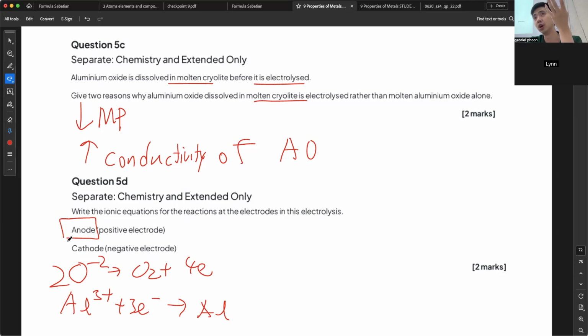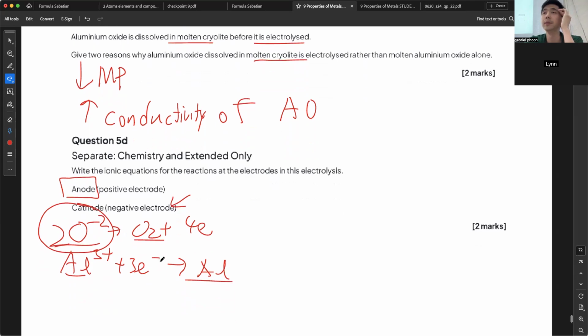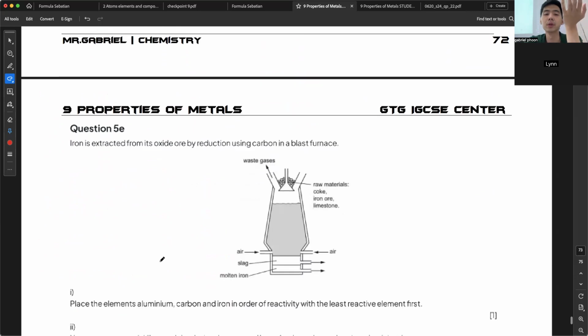If it's positive, it should attract the negative ones. I do the same reasoning for this one also. Then you need to know that this thing will turn into this thing, and this thing will turn into this thing. So it's a matter of placing the electrons on the left or on the right side only. You get what I mean? But anyway, it's literally in your notes. You can refer to your notes.